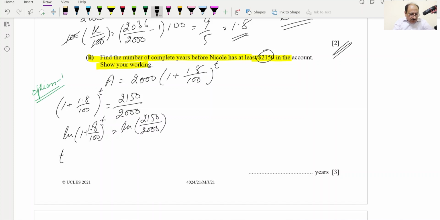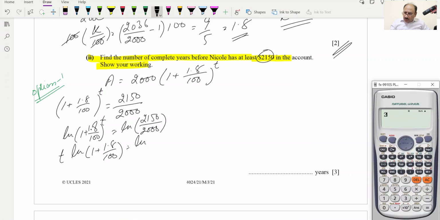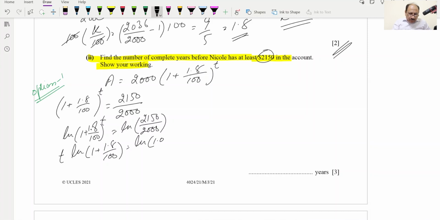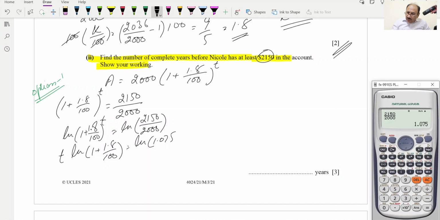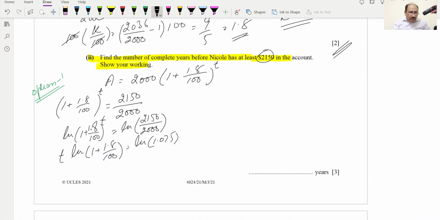So t log of (1 plus 1.8 over 100) will be equal to log of 2150 over 2000, which we can calculate as 1.075. Now we can shift this to the other side.